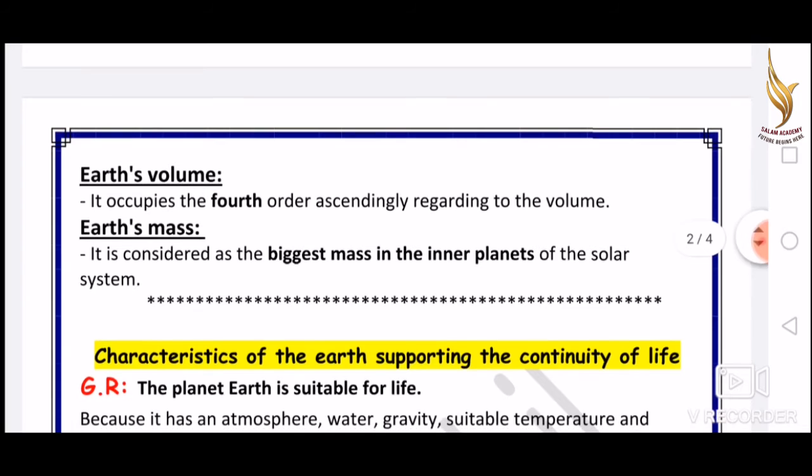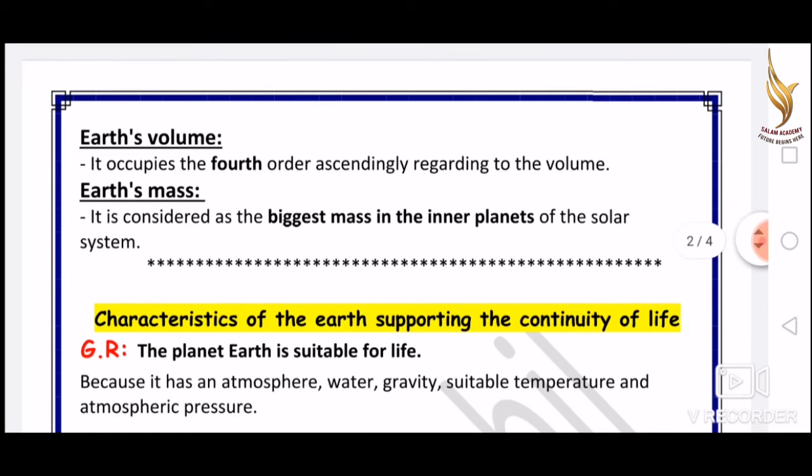Okay, what about the Earth's volume? Earth occupies the fourth order regarding the volume. Ascendingly, the order is Mercury, Mars, Venus, then Earth.